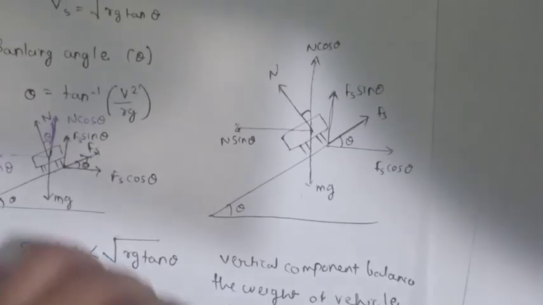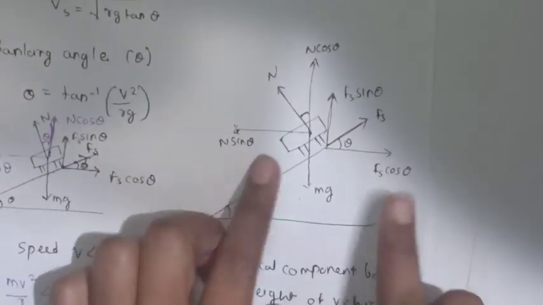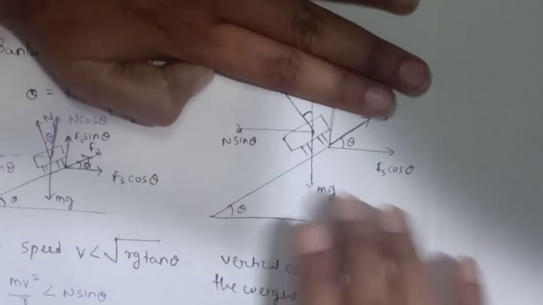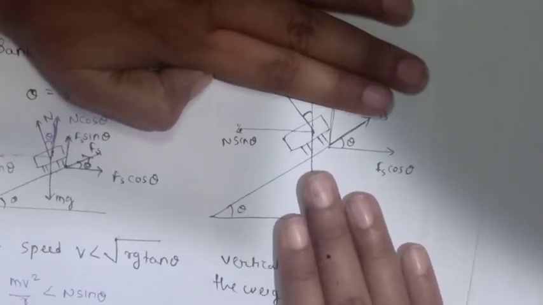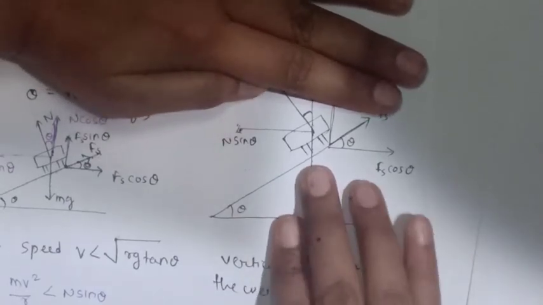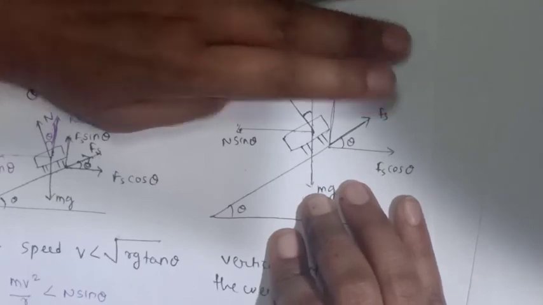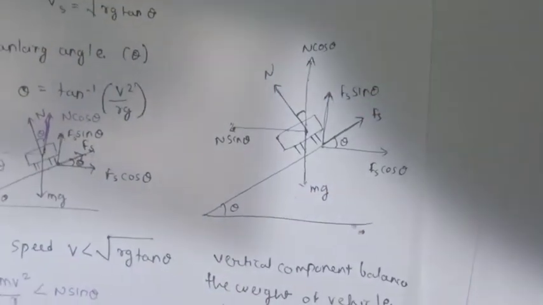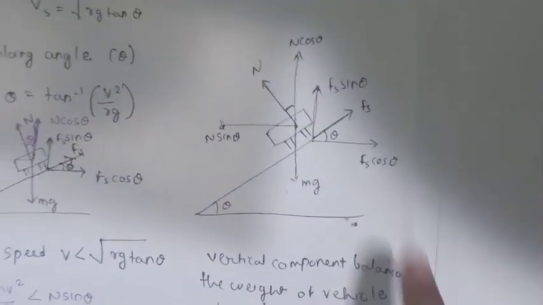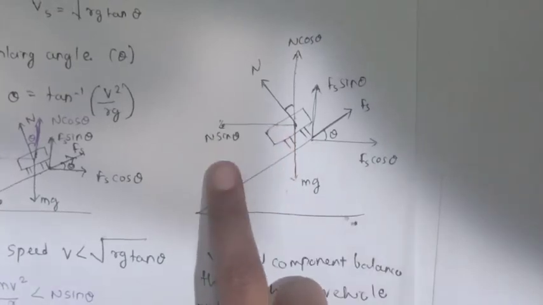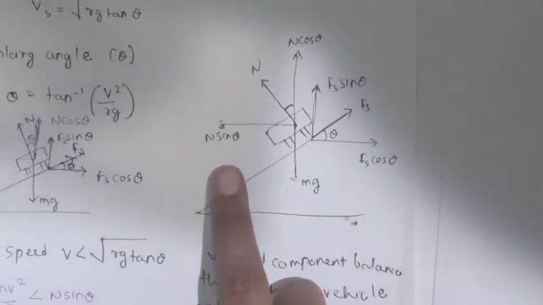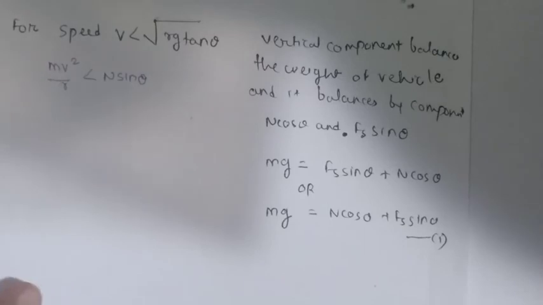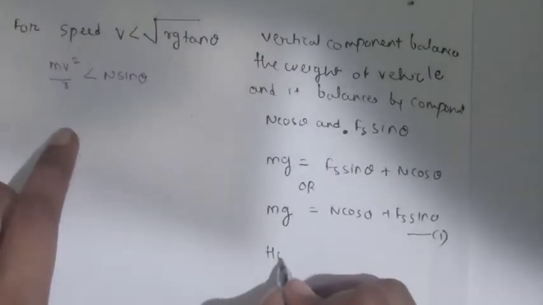Now let's solve for the horizontal component. While performing for the horizontal component, neglect the vertical components. So you will find that the horizontal components are N sin theta and Fs cos theta. So here, what does the horizontal component give? The horizontal component of the normal reaction provides the centripetal force. So how are you going to find that?